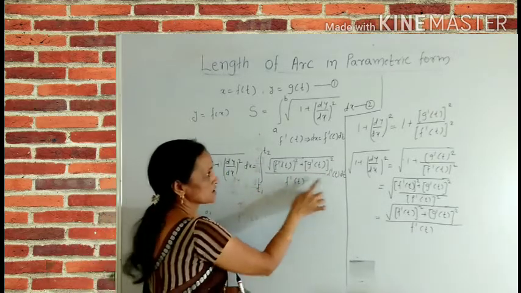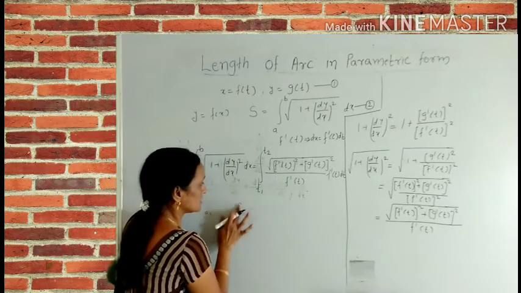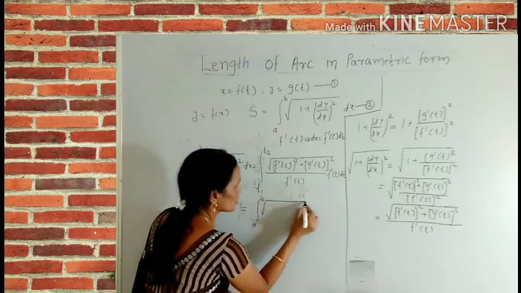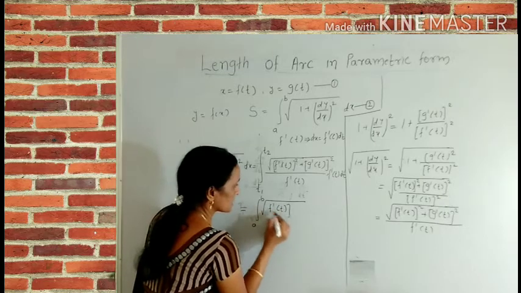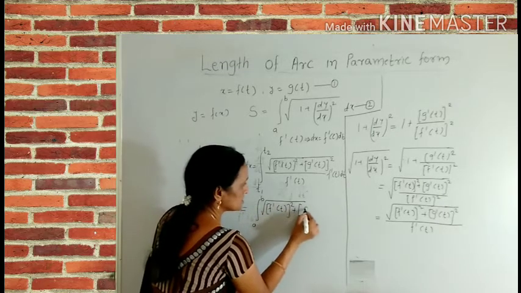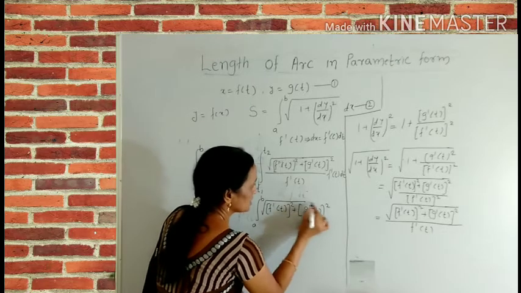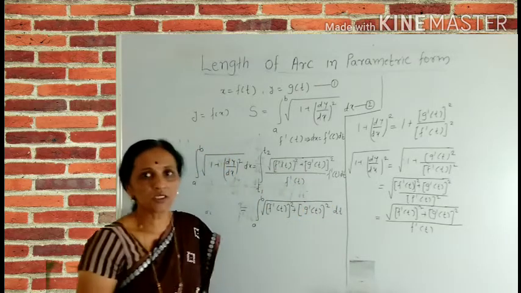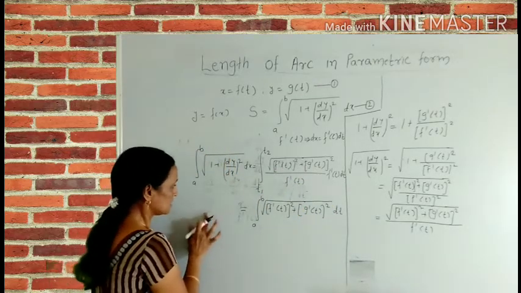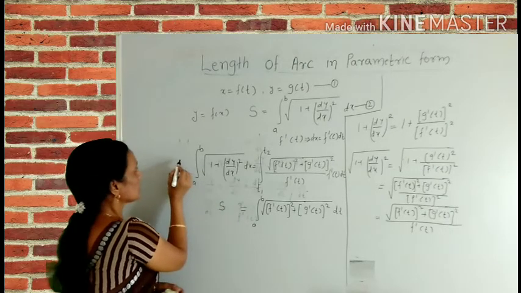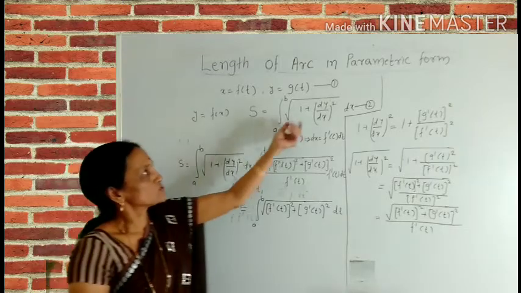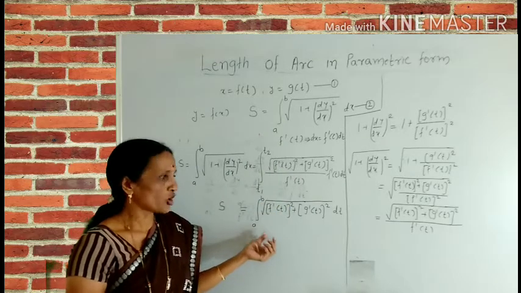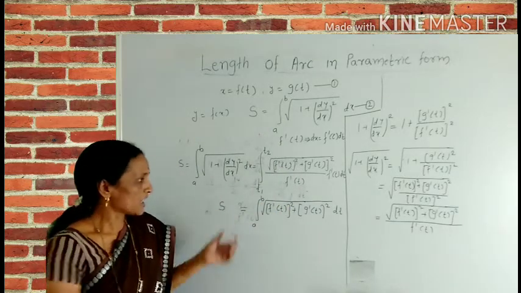Now here this f dash t and f dash t get cancelled, and your length of the arc is defined as the integral from a to b of the square root of ((f dash t) squared plus (g dash t) squared) with respect to t only, because f dash t and f dash t get cancelled. Here s is the length of the arc, and in terms of the Cartesian form we define this, and using the parametric form we find the length of the arc.